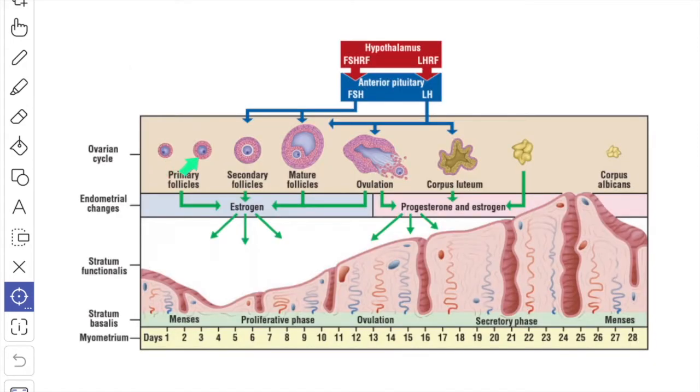The maturation of the Graafian follicle is stimulated by follicle stimulating hormone, which is secreted from the anterior pituitary gland. The cells of the tunica interna and the stratum granulosum of the follicle in turn secrete estrogen.